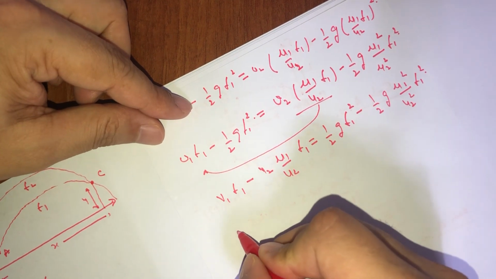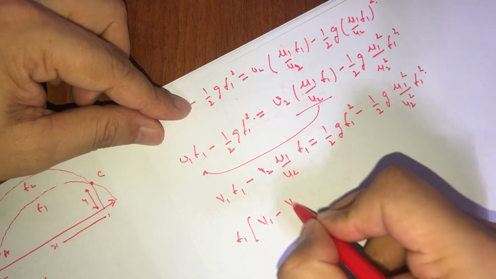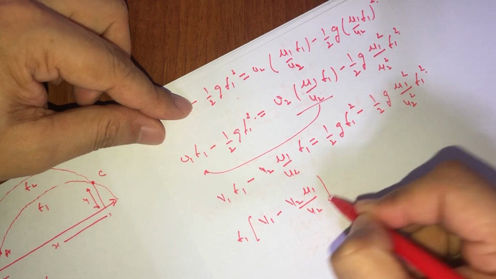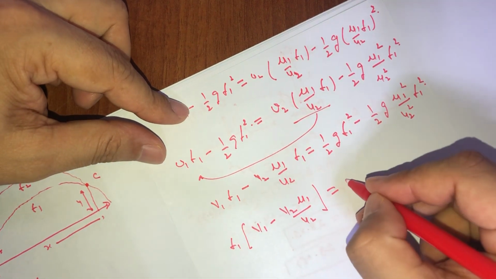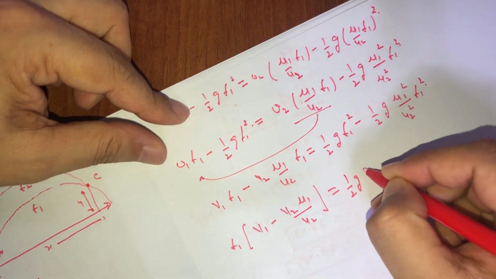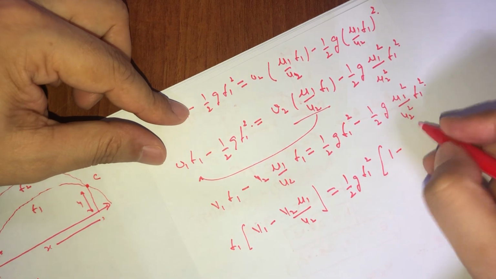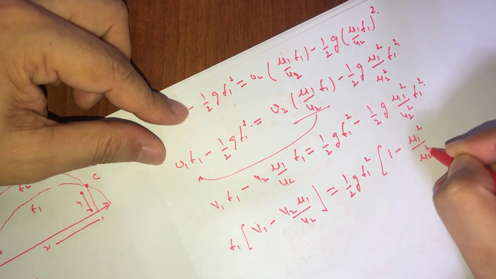Taking t1 common from the first part, we get v1 minus v2 u1 by u2, and taking t1 square common from the right side, we get 1 minus u1 square divided by u2 square.